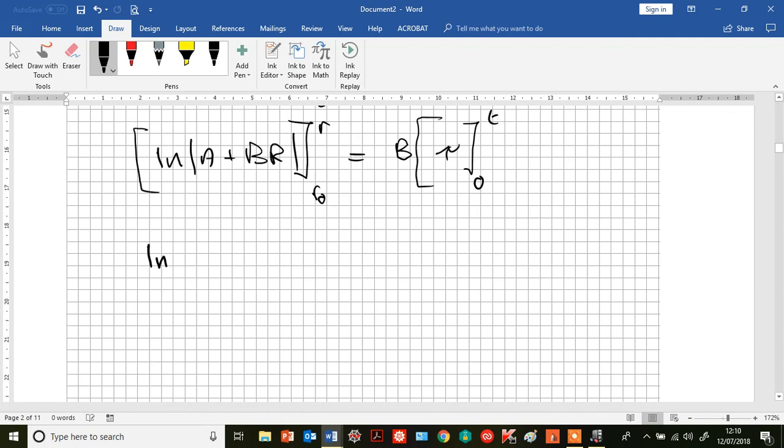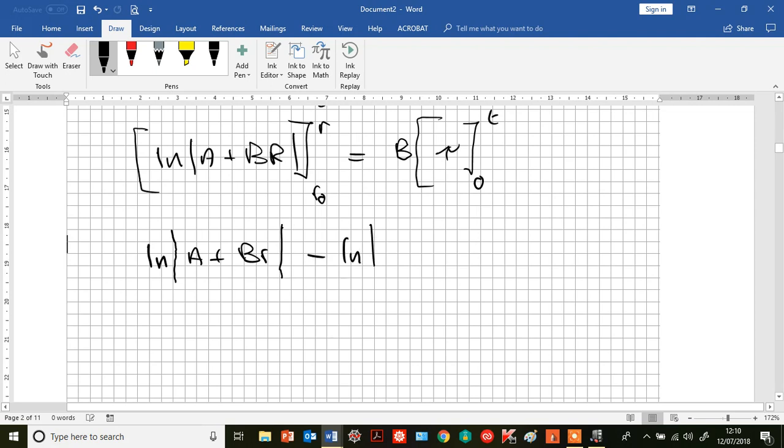So if we put the limits in, we've got the log of A plus b small r, that's our variable, minus log of A plus b r naught, and that is quite simply equal to t minus 0, and we can simplify this.